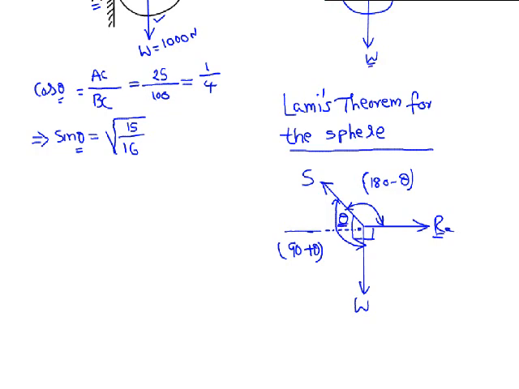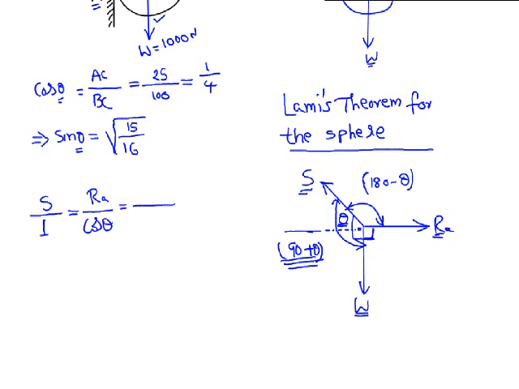Having noted this, we can write the equation for Lamy's theorem. S divided by the sine of the angle between the other two forces W and RA, which is 90 degrees, so S over 1, is equal to RA over the sine of the angle between S and W, which is 90 plus theta. Sine of 90 plus theta is cos theta.